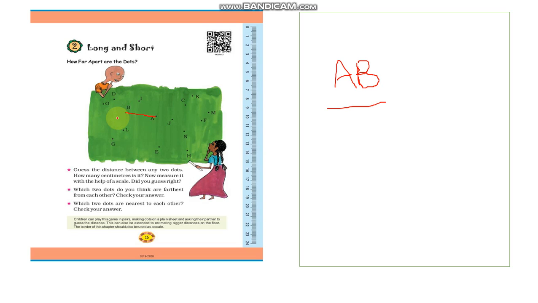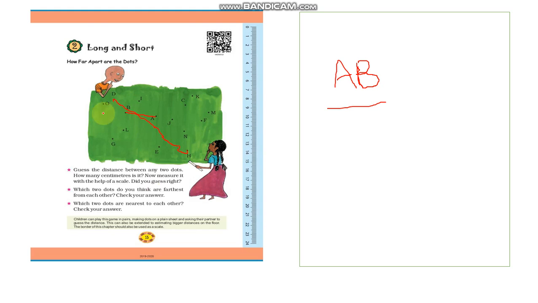In my thinking, as you observe, it is D to H. This is the longest one. You may be thinking that G to M will also be longest and D to H also longest. In this, you have to take the measurement and then say it.